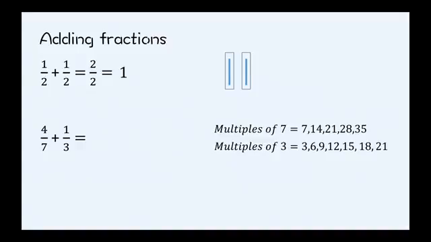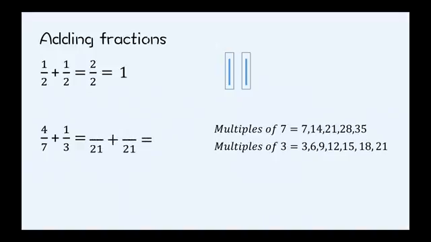So you've got 7, 14, 21, 28, 35. They're the multiples of 7. For the multiples of 3, you've got 3, 6, 9, 12, 15, 18, and 21. We can see that the lowest common multiple between 7 and 3 is going to be 21, because that appears first in our list of multiples.